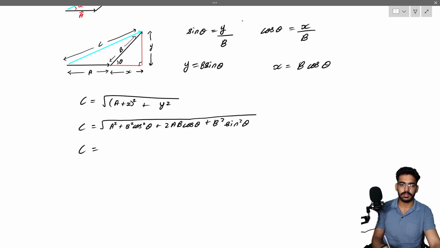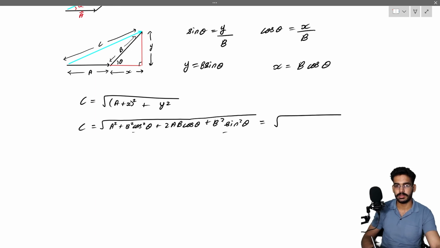Now you take b square common from this quantity and this quantity. Then sin square theta plus cos square theta is 1, right? Then it's going to be a square plus b square plus 2ab cos theta. This is your magnitude of c.